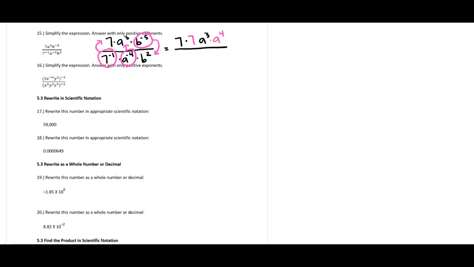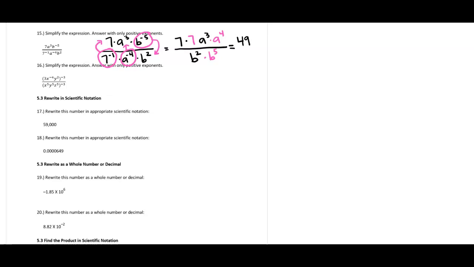And then I already have a b to the second downstairs, and I'm moving down that other b to the fifth. So I'm just moving things around to get them to where they want to be, so they'll be happy.